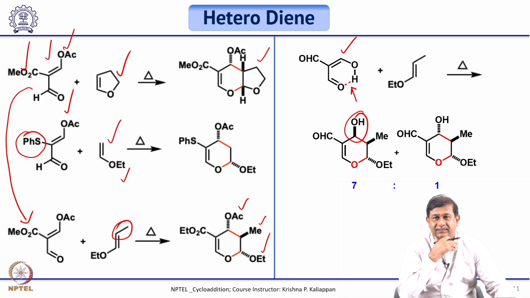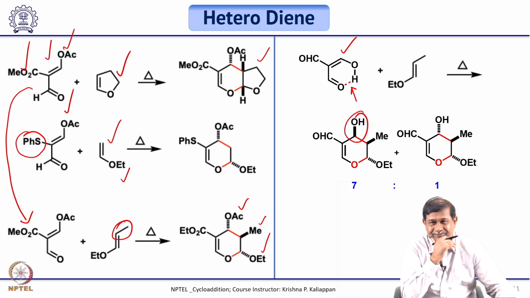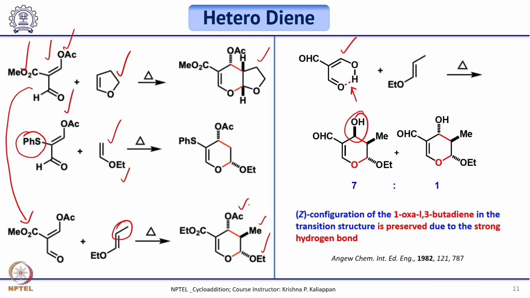So that is because of the hydrogen bonding. Otherwise, as you can see here, if you have acetate here, then you will get this as the major product. So this diene is in situ prepared. When you make this, it forms this enol, and this enol is having a hydrogen bonding with aldehyde.